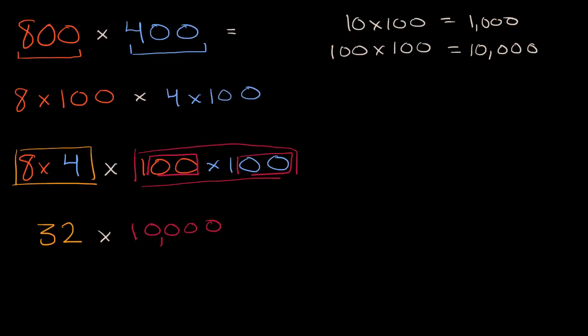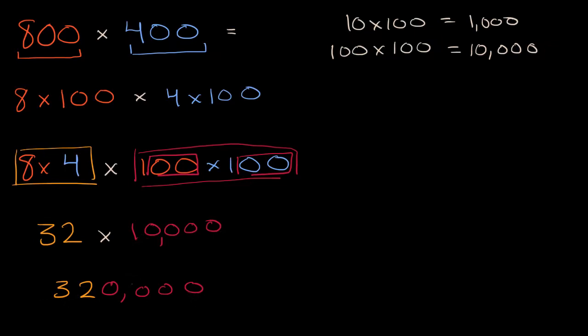Well, let's see. 32 times 1,000 would be 32,000. But this is 32 times 10,000. So it's going to be 320,000. Now you might already notice an interesting pattern here. 32 times 1 followed by 4 zeros is 32 followed by 4 zeros. This is 32 10,000s, which is 320,000.